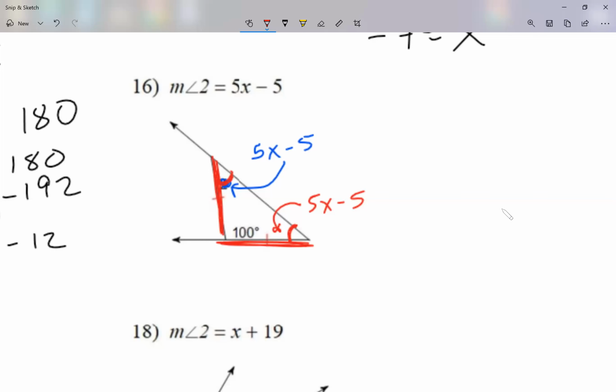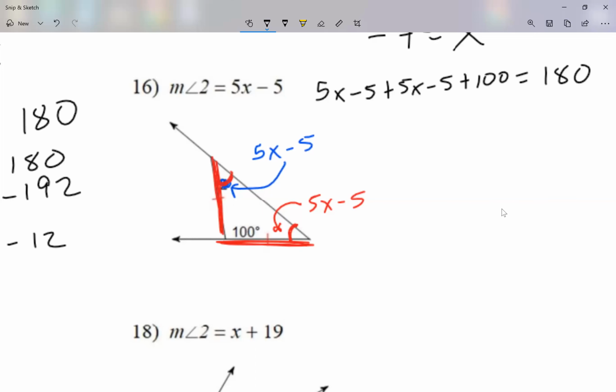Okay, so that's not bad. I'm just gonna add everything. So I have 5x minus 5 plus 5x minus 5 plus 100 is equal to 180. Right? I'm adding the three angles of a triangle and it is equal to 180. Okay, easy.